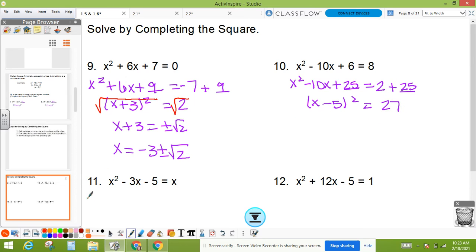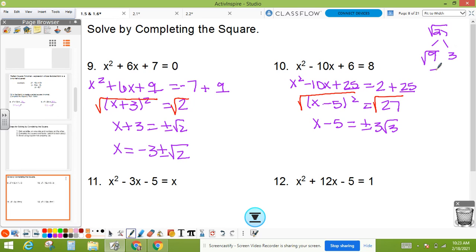All right, so now when we take the square root, we're going to have x minus 5. We need plus or minus. And then this guy simplifies to 3 square root 3. So come up here and let's look at why that is. 27, remember, is 9 times 3.